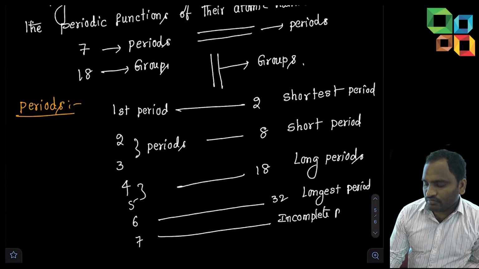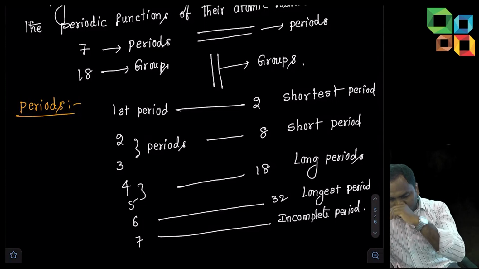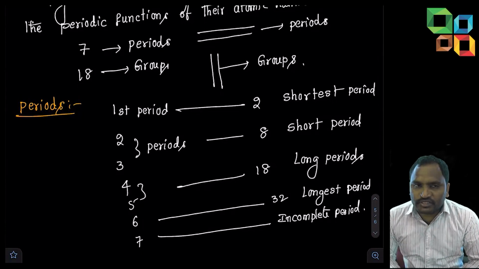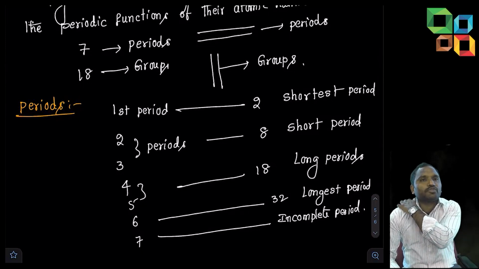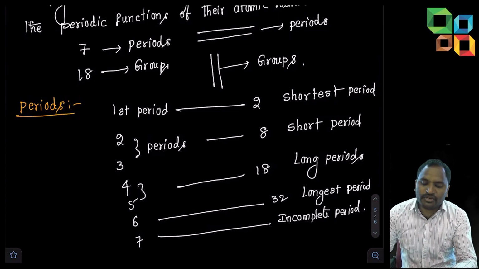This is also a longest one. Based on the number of elements, the first period is called the shortest period, second and third periods are called short periods, fourth and fifth are called long periods, sixth and seventh are called longest periods.